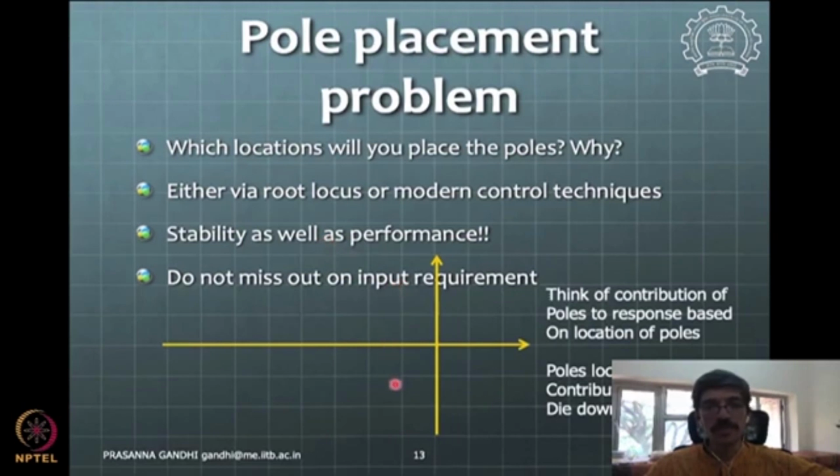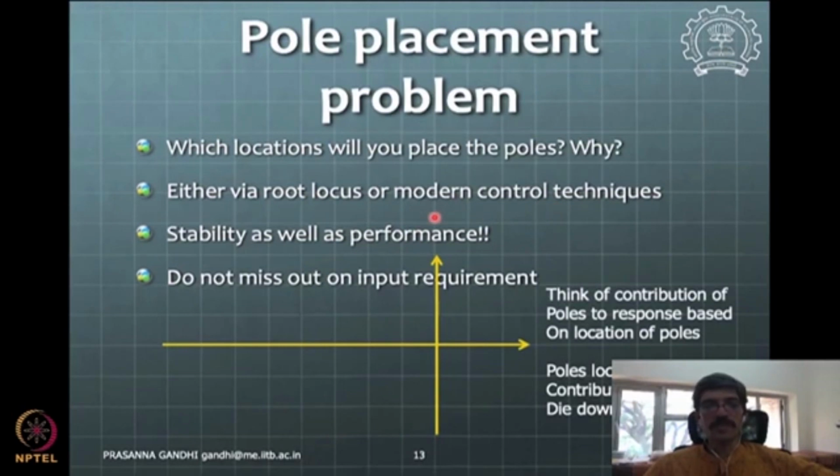Once the choice of the poles in the left half plane is known, then we can see that currently the open loop system poles are at certain locations, and if we want the closed loop poles to be at these locations, how do we develop the control? That kind of control problem can be posed. Then that can be achieved by using root locus or any modern control or state space based control techniques.